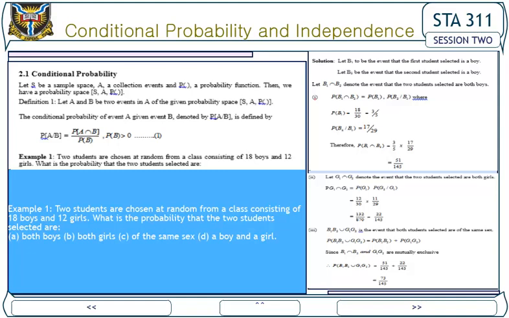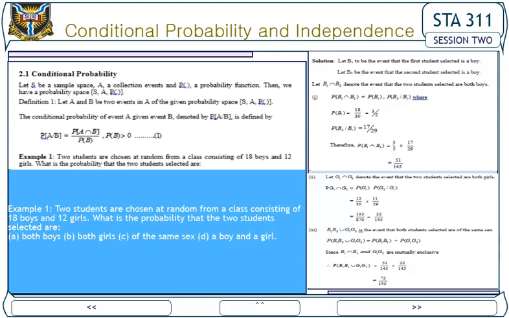Two. Let G1 ∩ G2 denote the event that the two students selected are both girls. Then follow the solution below. The probability of both girls is equal to 22/145. Three. B1∩B2 ∪ G1∩G2 is the event that both students selected have the same sex.